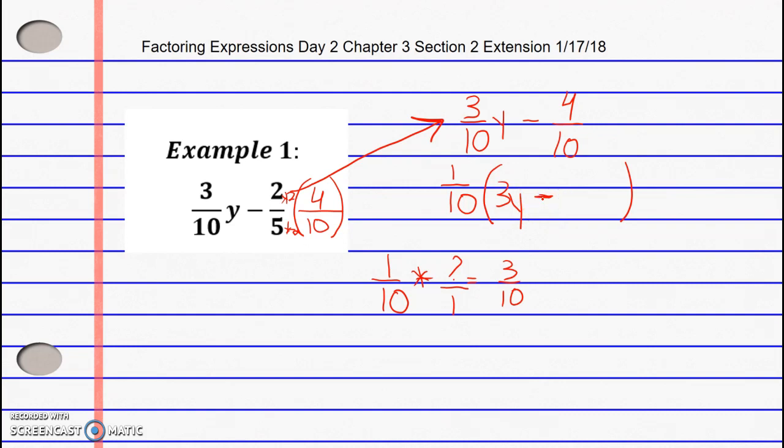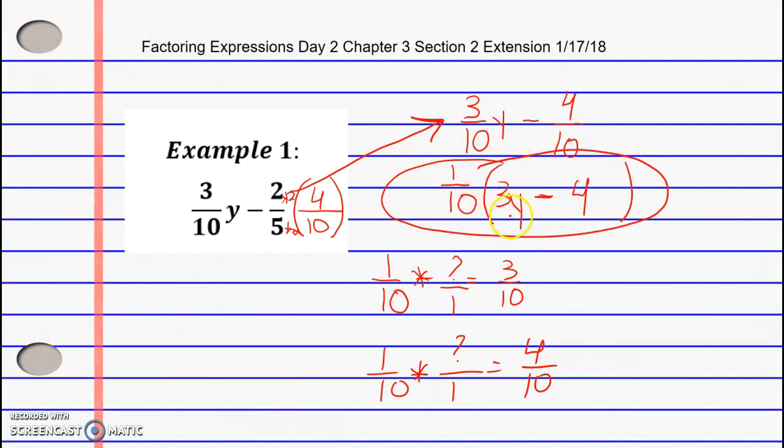Now we look at 4/10, it's the same sort of thing. We would have to multiply 1/10 by something over 1, and we would get 4/10. So this is 4. So we take out 1/10, and we multiply it by 3, we get 3/10. Multiply it by 4, we get 4/10.